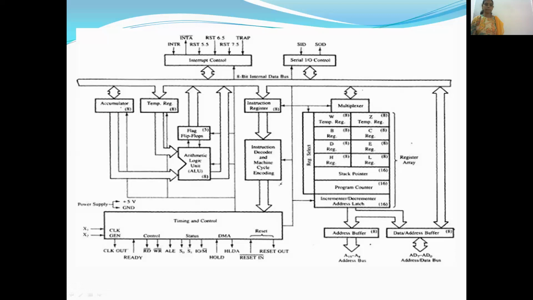This diagram has a number of blocks. See here in the 8085 microprocessor, this block is the accumulator. This register is an 8-bit register. Then another block, this is a temporary register.